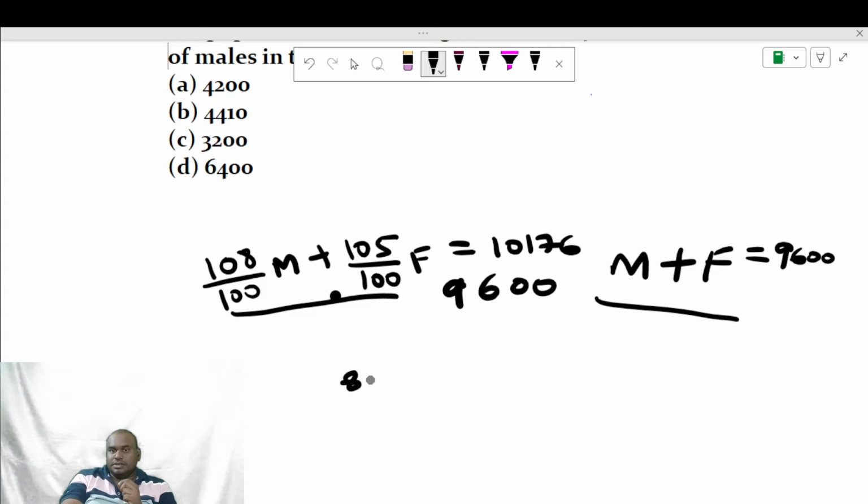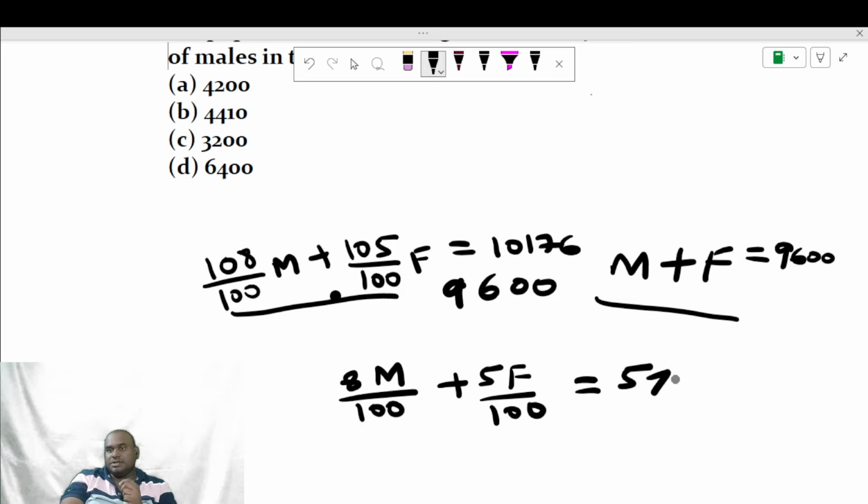It is nothing but 8m by 100 plus 5f by 100. 10,176 minus 9,600 is nothing but 576. Only 576 is left.